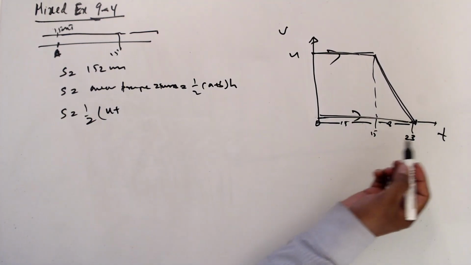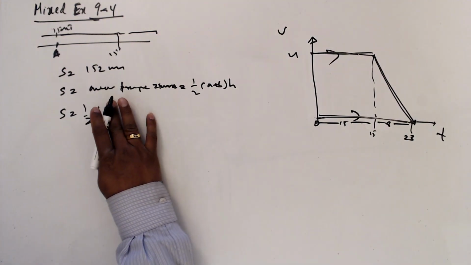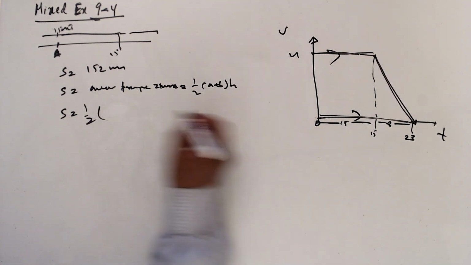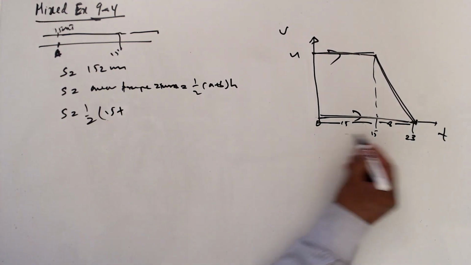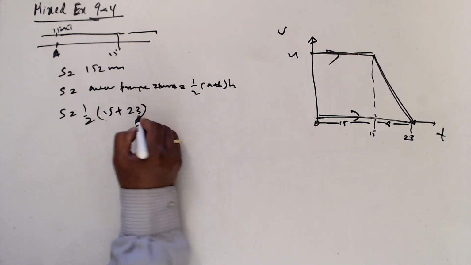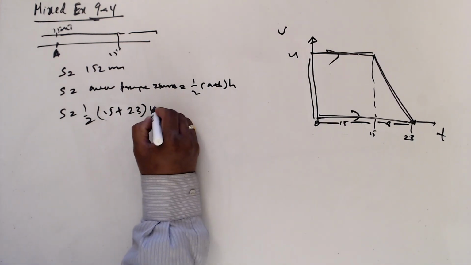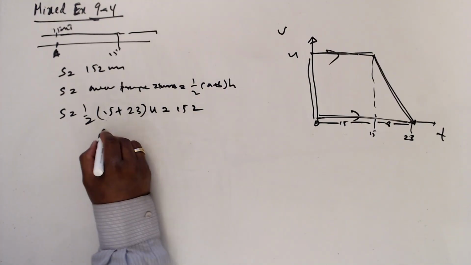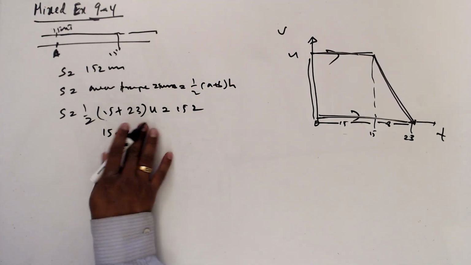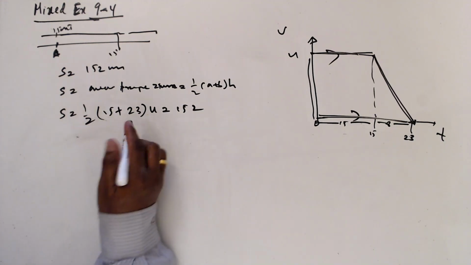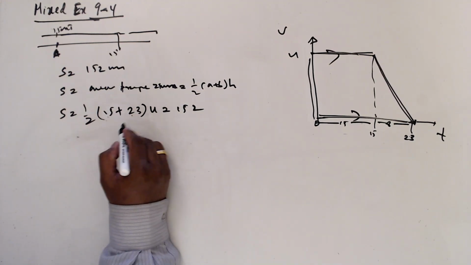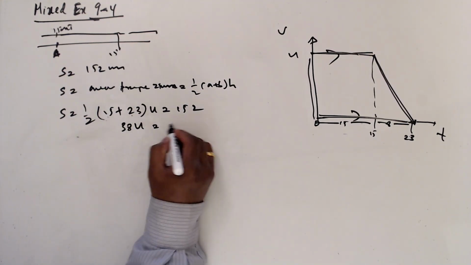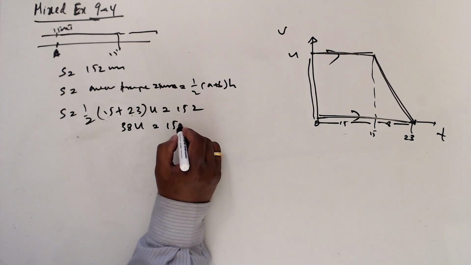This length is 15, this length is 23, and the perpendicular height is u. This is equal to 152. So half of (15 plus 23)u, that is 38u, equals 152.